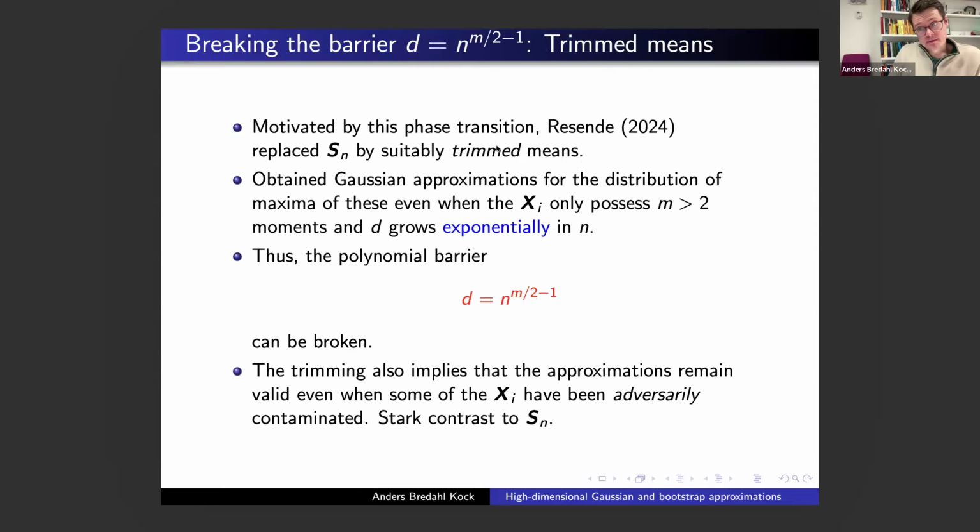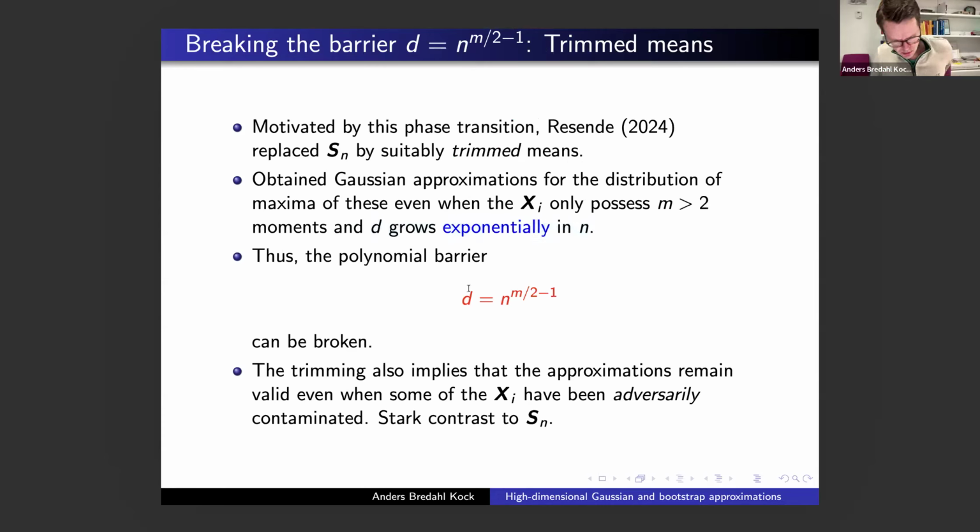Now, motivated by this phase transition, there's a recent paper from last year by Lucas Resende, who replaced the sums Sn by suitably trimmed means. Then, for such trimmed means, he obtained Gaussian approximation for the distribution of maxima of trimmed means, even when the xi only possess m strictly greater than 2 moments and d grows at an exponential rate in n.